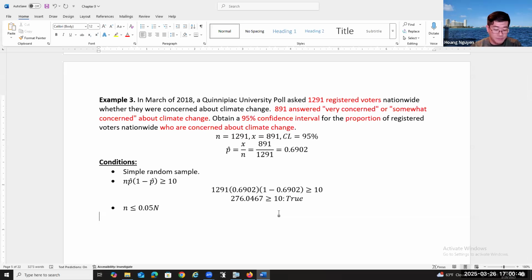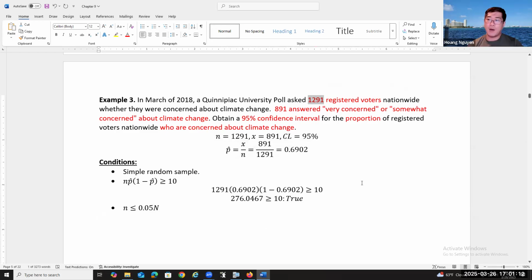Now I'm going to do the third condition, right? So the third condition means that the sample size has to be less than or equal to 5% of the population. Okay, so the sample size is 1,291. Make sure that's going to be less than 5% of the entire population.